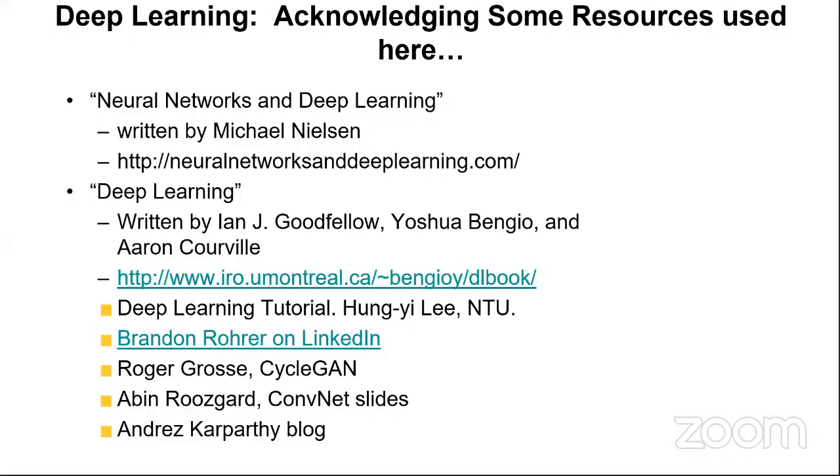All such books and tutorials in machine learning are available free of subscription. You don't need to pay a penny to any big publication house like IEEE, Springer, or anywhere. You get an internet connection and you get all of these things. So that's how this deep learning book is also freely available. Roger Grosse's CycleGAN, ConvNet slides from Abin Rosebrock, and so on. So all these resources are very useful. You can have an individual look at them.